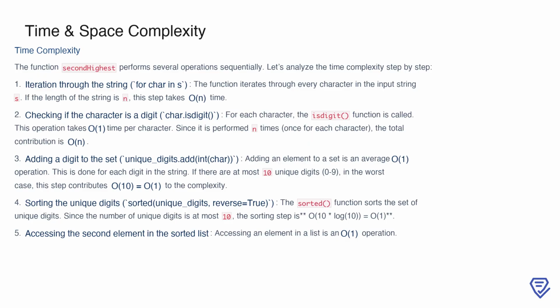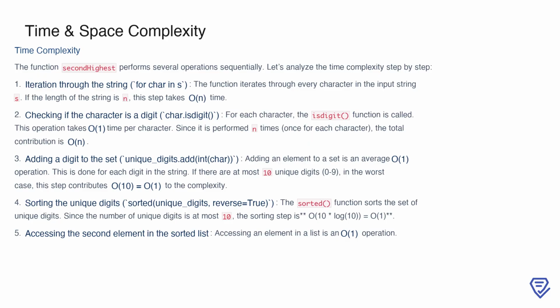Next, when we add a digit to the set unique_digits, the average time complexity of the add operation is constant, or O(1). Even if we add all digits from 0 to 9, the maximum number of possible unique digits is 10, so the contribution remains O(1). After that, we sort the unique digits using the sorted function.